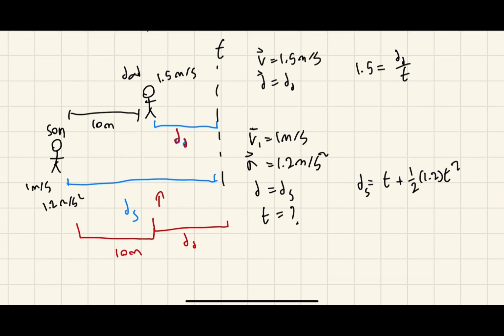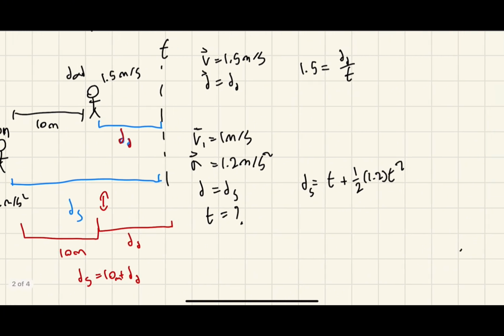And so evidently these two are equal. So that means the distance of the son is just equal to 10 meters plus the distance of the dad, right? So here we can just sub in 10 plus distance of the dad is equal to t plus 1/2, or we can honestly just simplify that to 0.6 t squared.